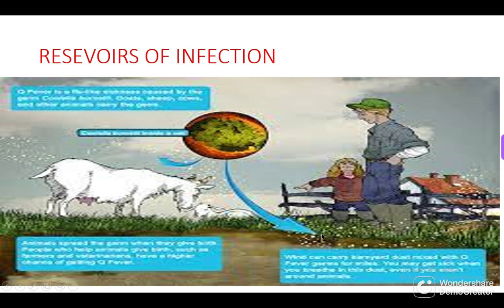Even on the plants, the feces and urine deposits on the leaves of these plants or vegetables, if they are not washed correctly, the organism can travel into the human, directly or indirectly.